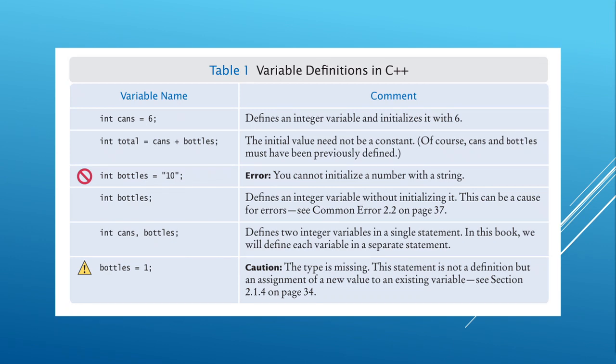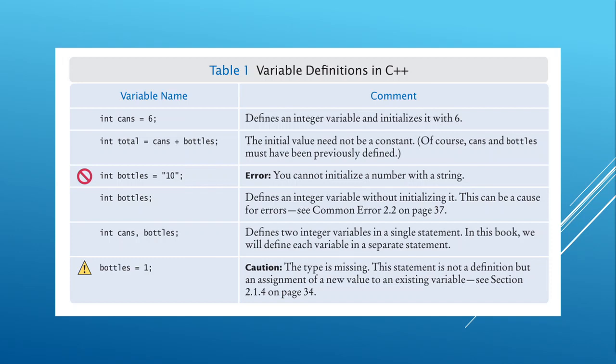Some other ways that we can think about variable definitions is that we can set one variable equal to other variables. So if you have 3 variables of the same data type, such as in figure 2 here, in the table where you see that int total equals cans plus bottles, cans and bottles have to be integers in order to be stored within total.